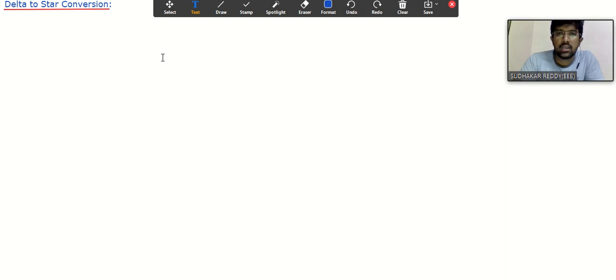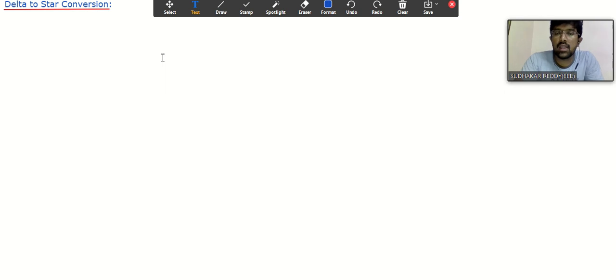Now first we should know exactly what is the meaning of delta to star conversion. The meaning of delta to star conversion means we have to represent a delta equivalent star connection. That means indirectly, we need to find out a star connection that is equivalent to the delta. That means the star values.